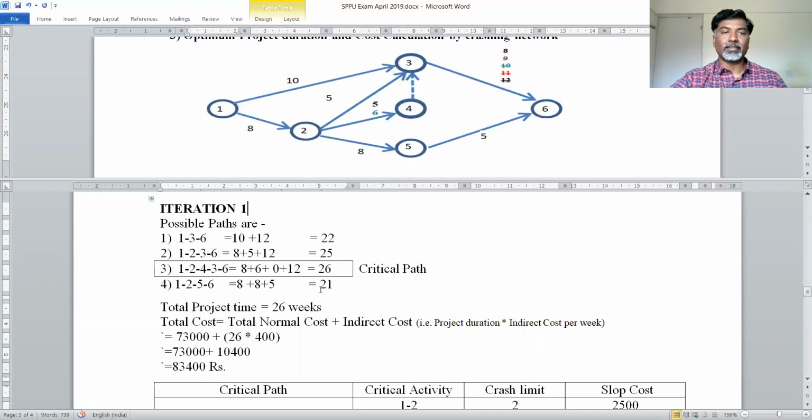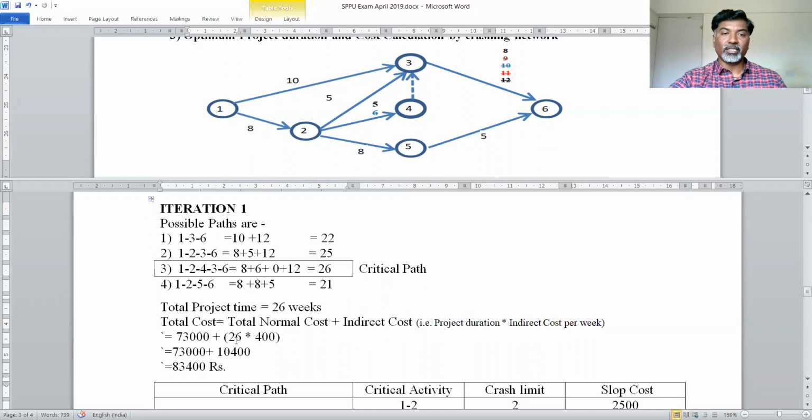Okay, then next, total project time is 26 weeks. And to calculate the total cost of the project, the formula is total cost is equal to total normal cost plus indirect cost. So what is indirect cost? Indirect cost is nothing but project duration multiplied by indirect cost per week. That indirect cost is given in your example, that is 400 rupees per week. We have also calculated total project duration, that is 26 weeks.